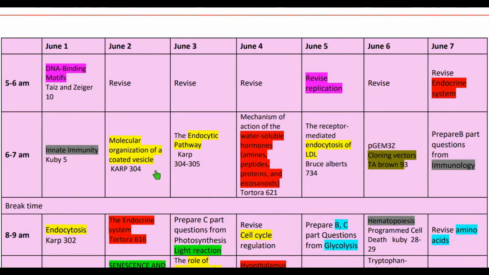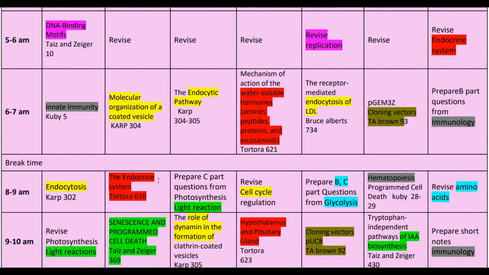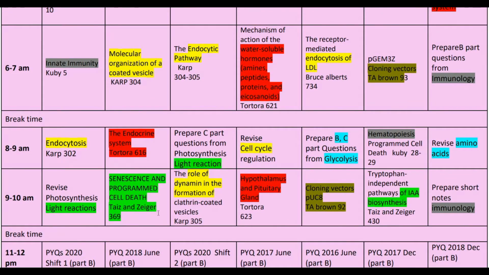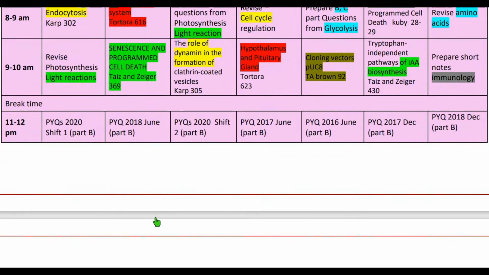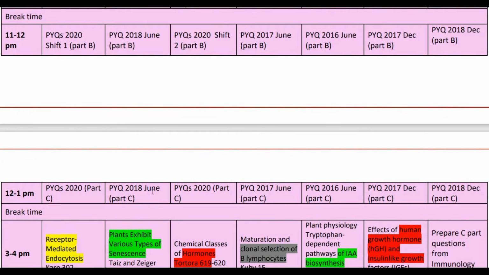6 to 7 a.m., study molecular organization of a coated vesicle. 8 to 9 a.m., endocrine system. Study from Tortora, page number 616. 9 to 10 a.m., study senescence and programmed cell death, CSIR NET. 11 to 1 p.m., work on the previous year questions. 2018 June.